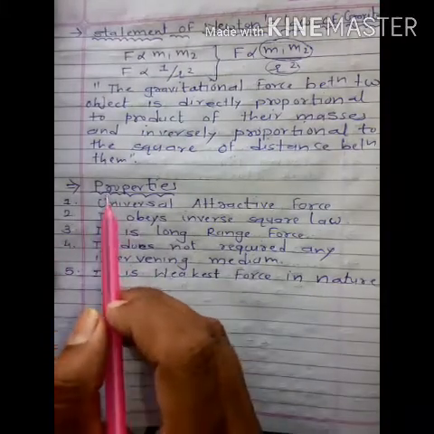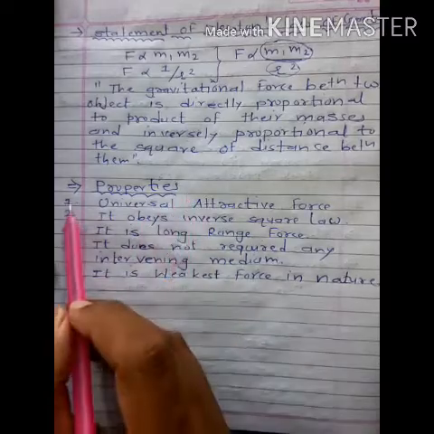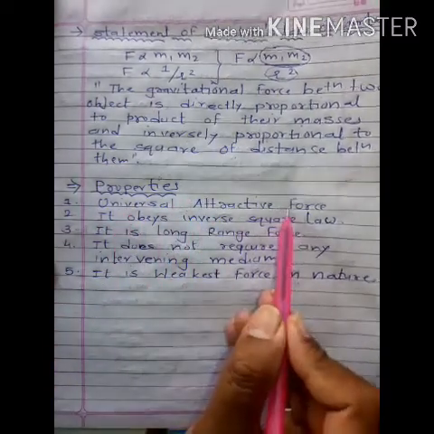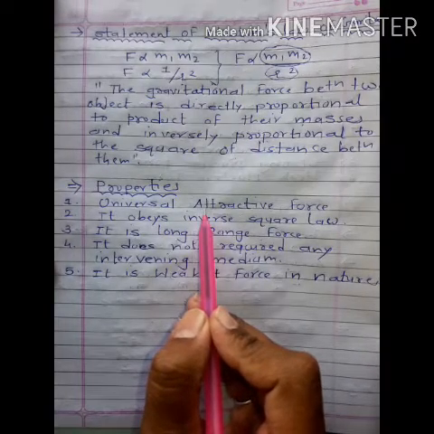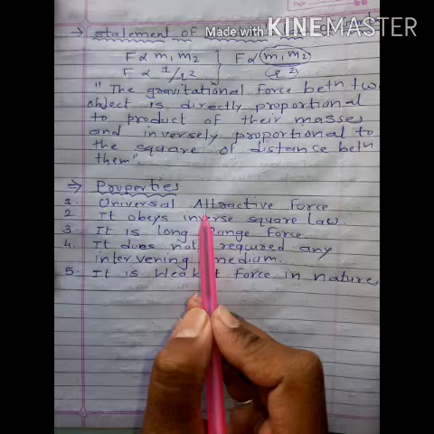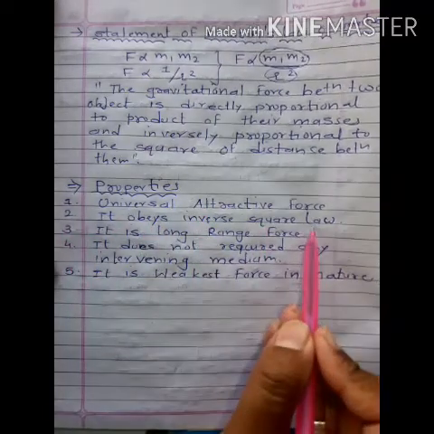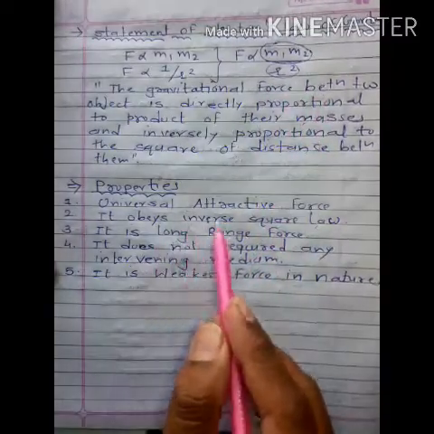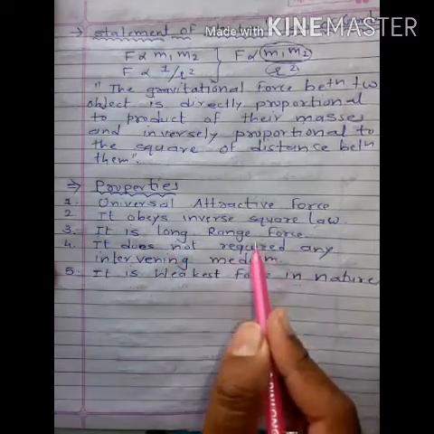Now remember the important properties of gravitational force. First property, it is a universal attractive force. So the gravitational force between two objects is always attractive. Number two, it obeys the inverse square law, because here we have 1 upon r square. Number three, it is a long range force.